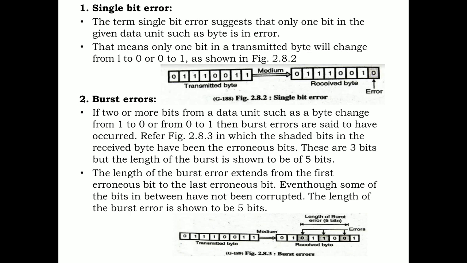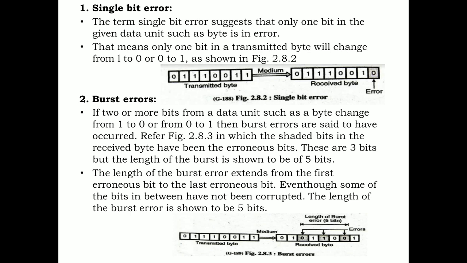The term single bit error suggests that only one bit in the given data unit such as a byte is in error. That means only one bit in the transmitted byte will change from 1 to 0 or 0 to 1, as shown in the diagram of this single bit error.